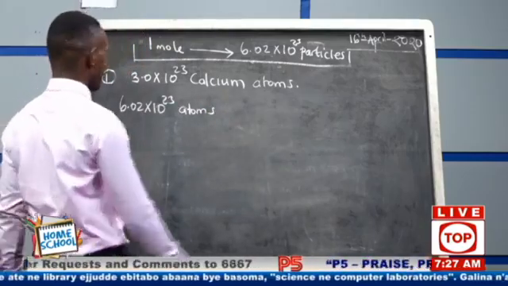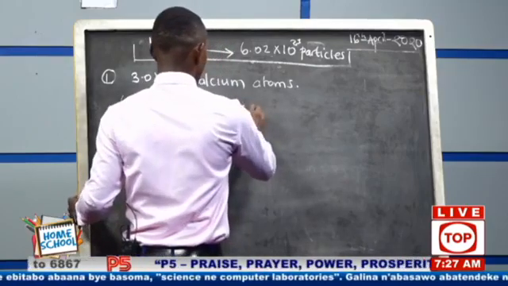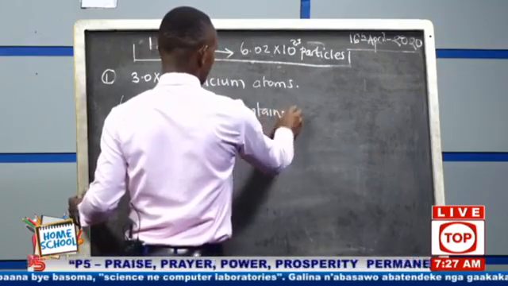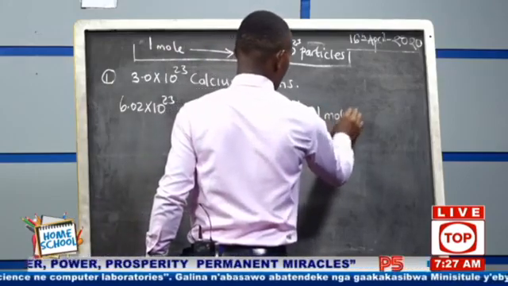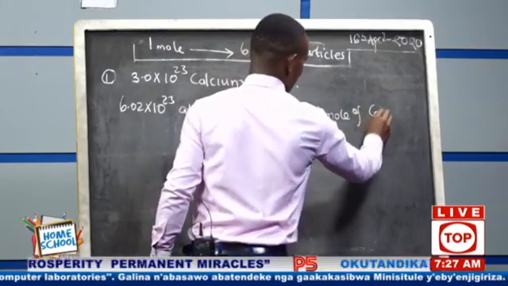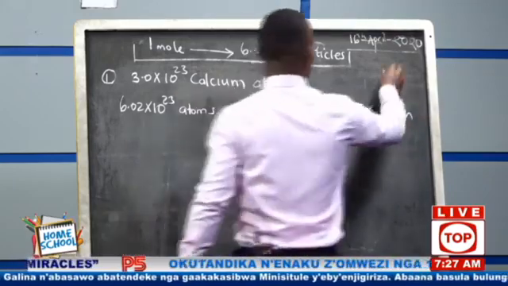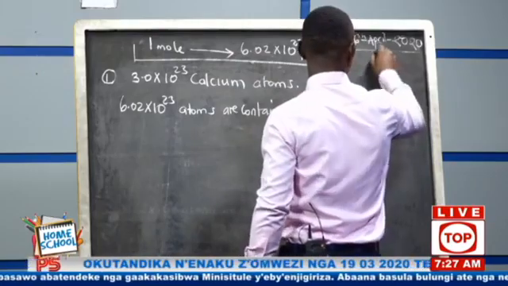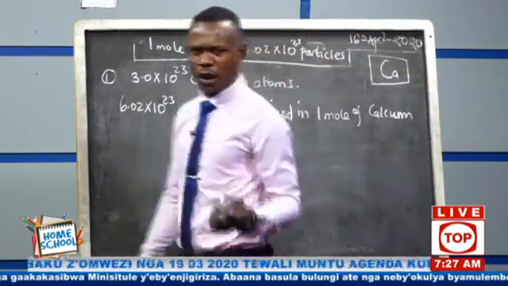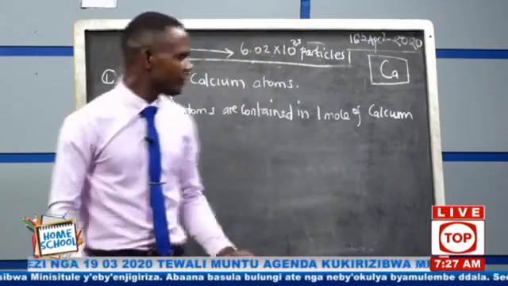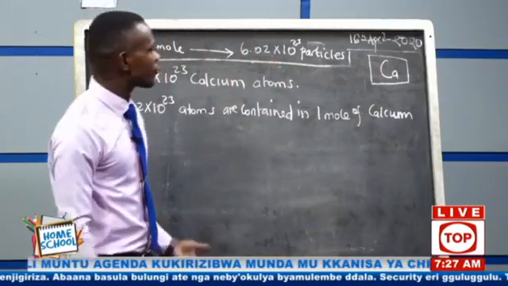These ones are contained in 1 mole of calcium. Remember I said when you have this one here and someone asks you how many calcium atoms are there, it is 1. How many moles of calcium are there? There is 1 mole here. You don't need to write 1, okay?